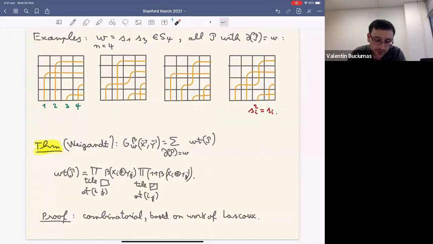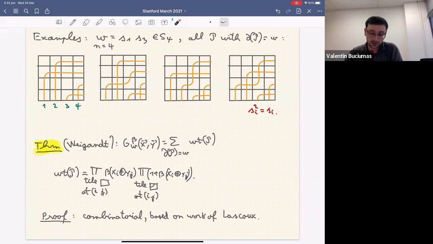Okay. So now let's do an example and write down all these bumpless pipe dreams. So I take n equals 4, and I take the following w, s_1 s_3, an element in S_4, and now I want to write down all the bumpless pipe dreams with key equal to w, and these are all of them. So for example, given this bumpless pipe dream, it's pretty easy to see that the key will be s_1 s_3, because basically you have this intersection here, which corresponds to s_1, and this intersection here, which corresponds to s_3.